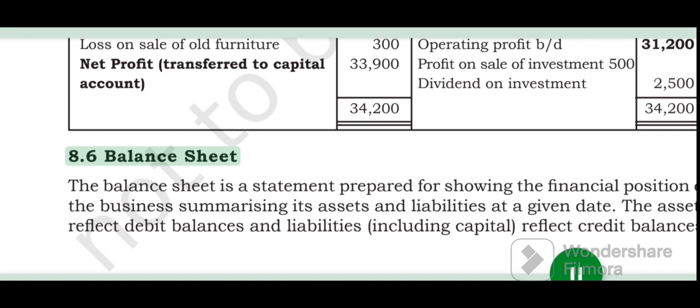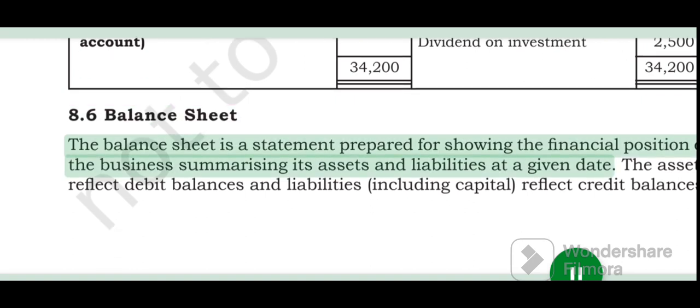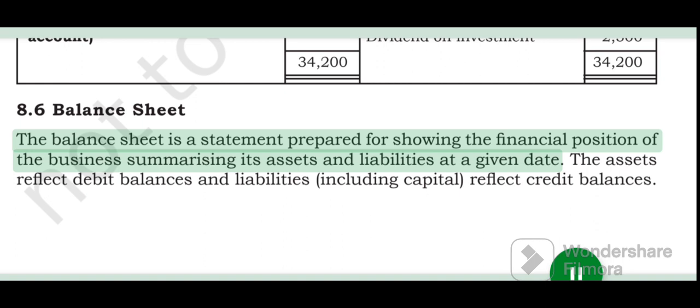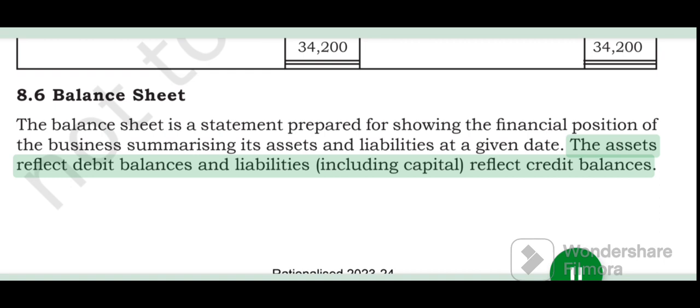6. Balance sheet. The balance sheet is a statement prepared for showing the financial position of the business, summarizing its assets and liabilities at a given date. The assets reflect debit balances and liabilities, including capital, reflect credit balances.